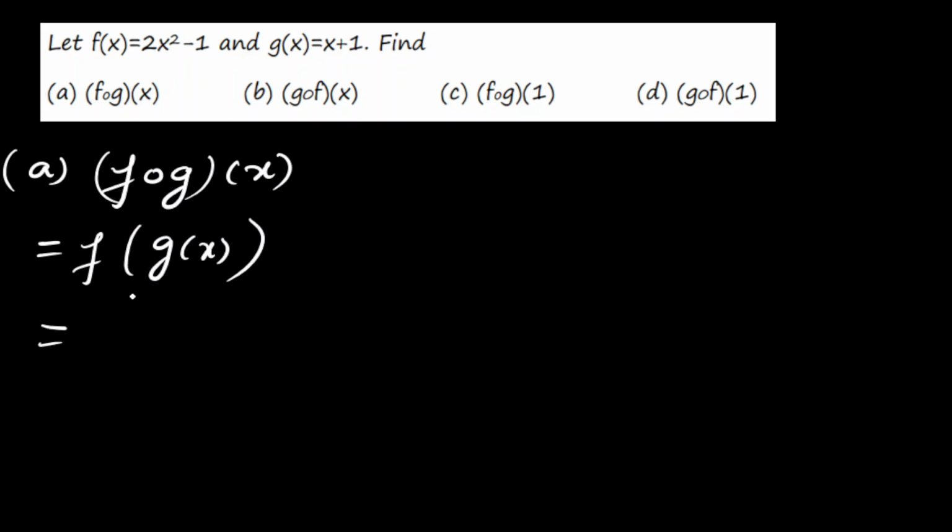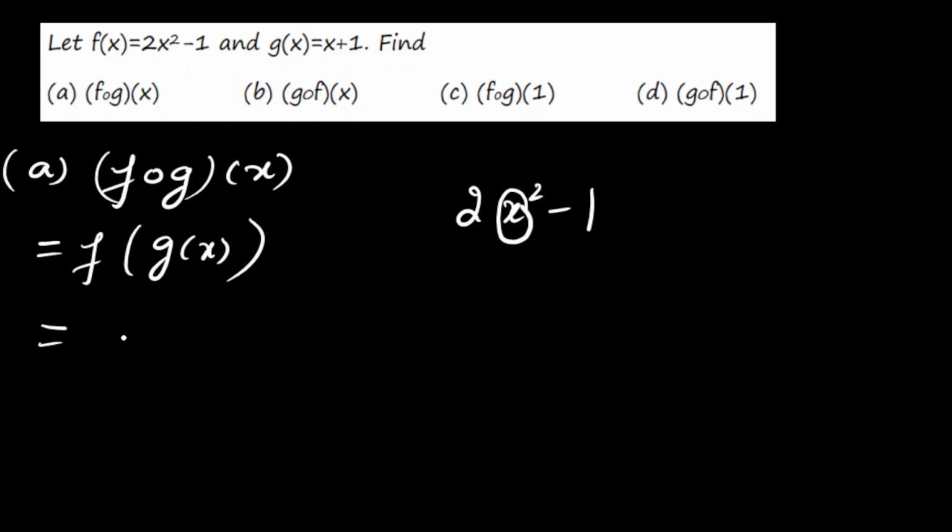So f is the main function. So I'll just write here 2x square minus 1. This is f(x). So in place of x, I have to substitute the value of g(x). What's the function? g(x) equals x plus 1.